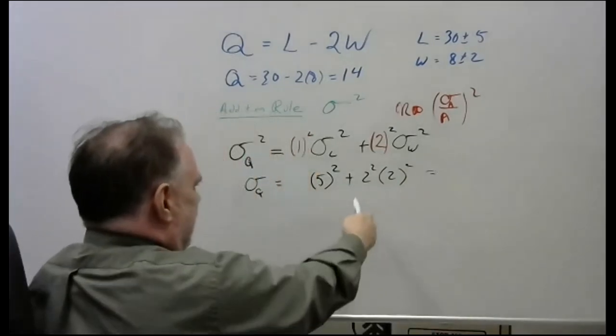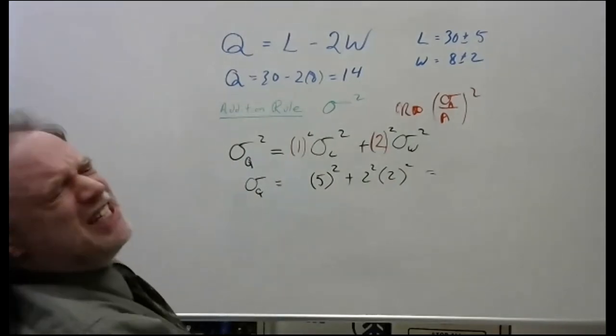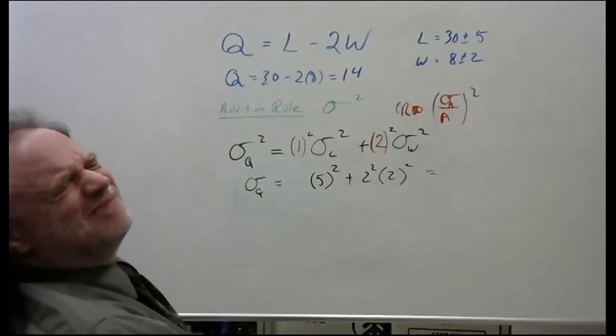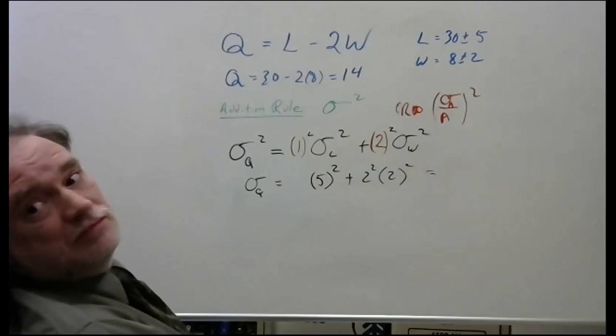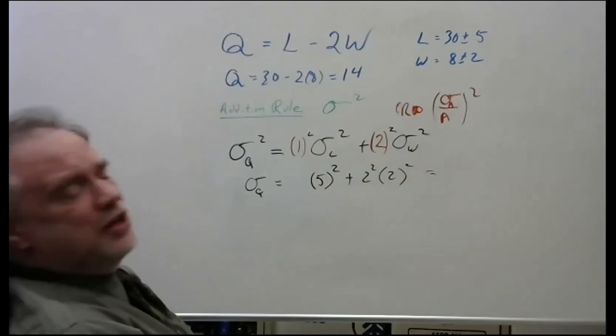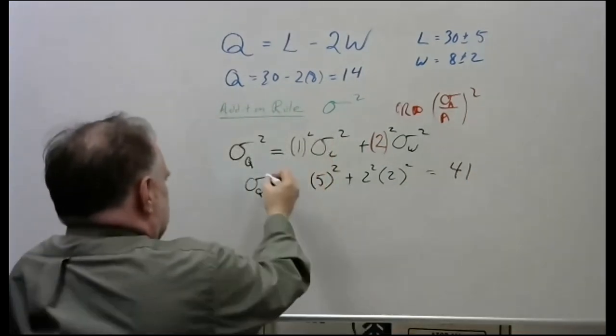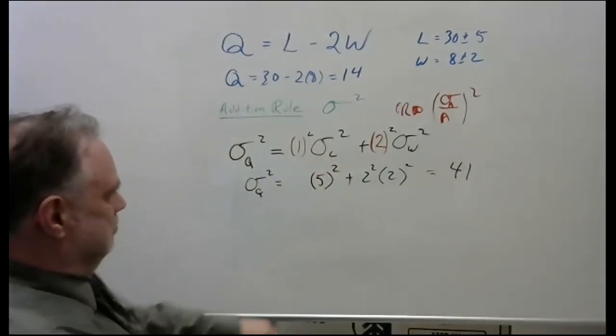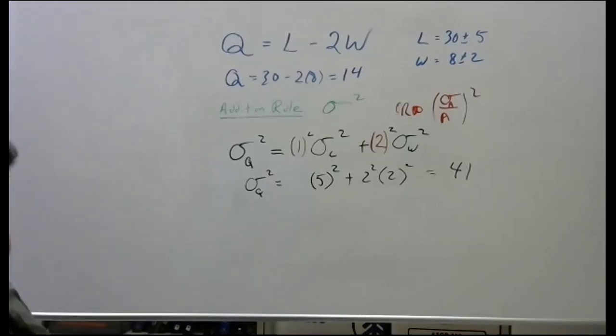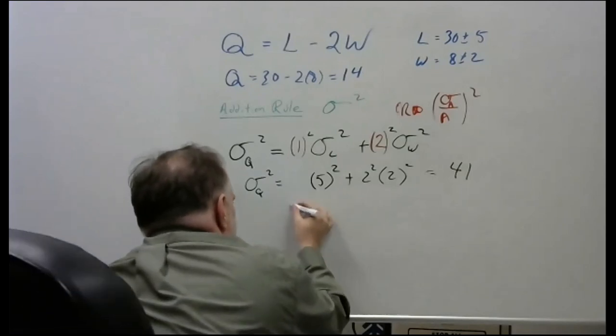This is 25, and that's 16. 25 and 16 are what? 41. Okay. And now what do we need to do with this? Only one step, not two. Square root. So take the square root, and we found our sigma q.